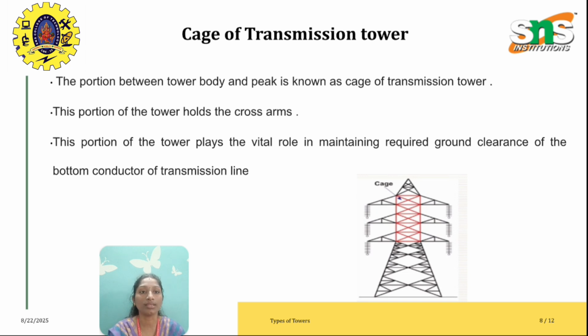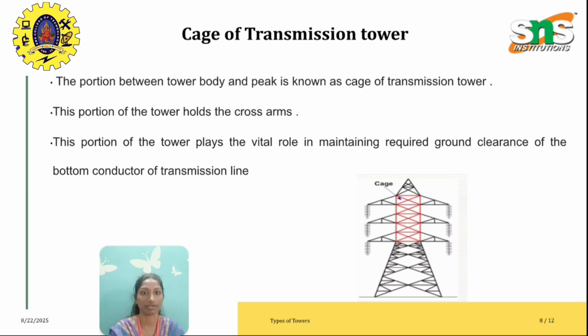Ground clearance is the height which we have to maintain from the ground level to the first transmission line. This has to be maintained in order to prevent damages or accidents. It should not be in an accessible part because we are going to transfer very high kilovolts in these transmission towers.